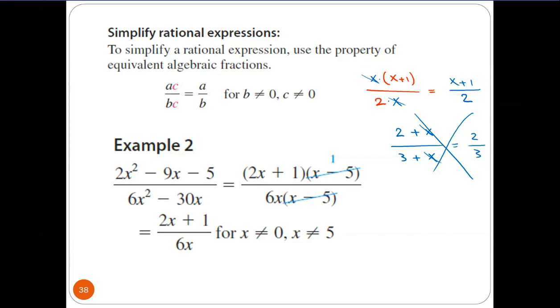Now, if we have an example like this, we have an expression, polynomial over polynomial, and we need to simplify. Simplify means find the factorization of numerators and denominators. لازم. Now, we have 2x squared minus 9x minus 5. We can distribute 2x squared as 2x with x in 2 brackets.